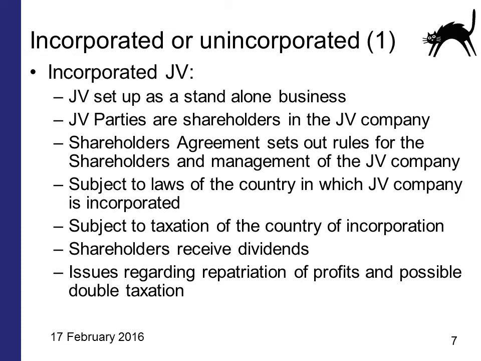With an incorporated JV, the JV parties are shareholders in the jointly owned incorporated company, and in place of a JOA, they have a shareholders agreement that sets out their rights and obligations regarding the management and conduct of the joint company.